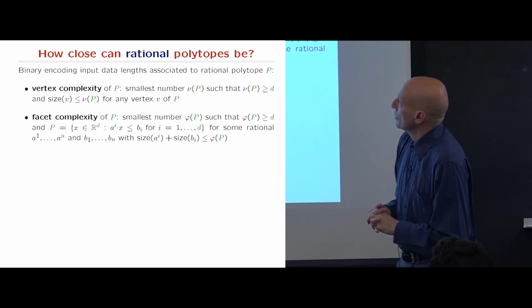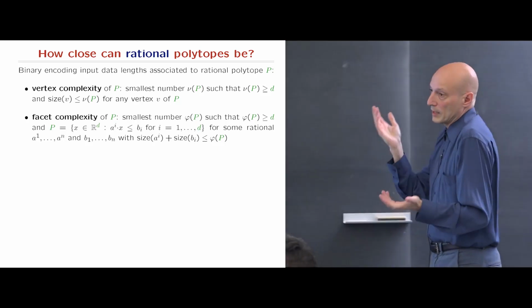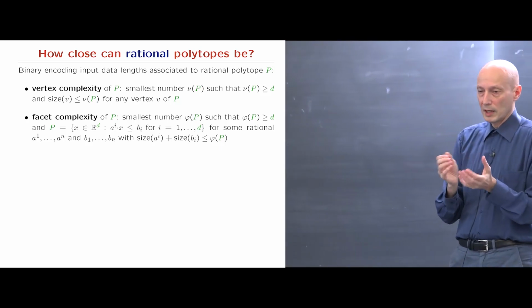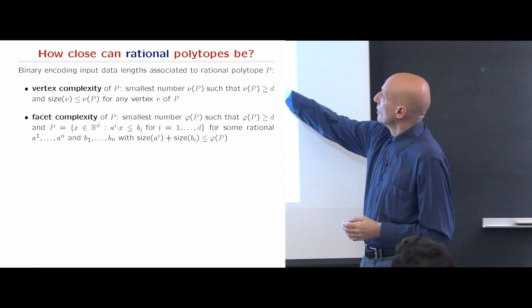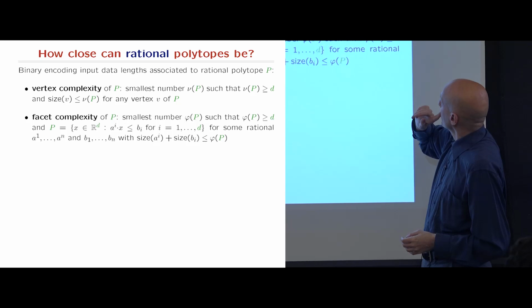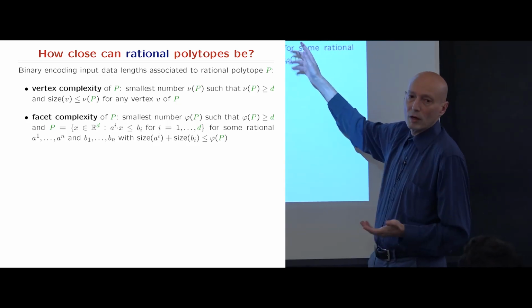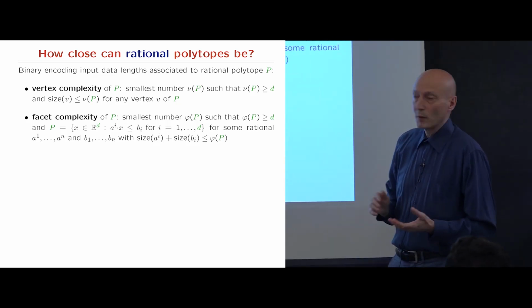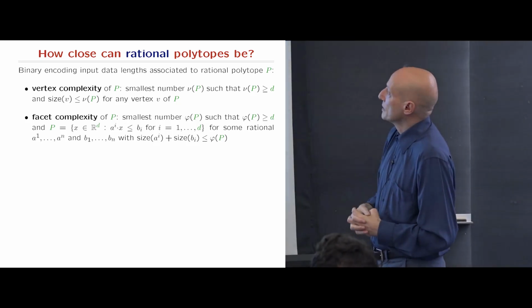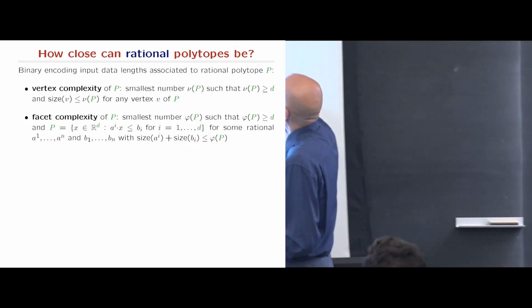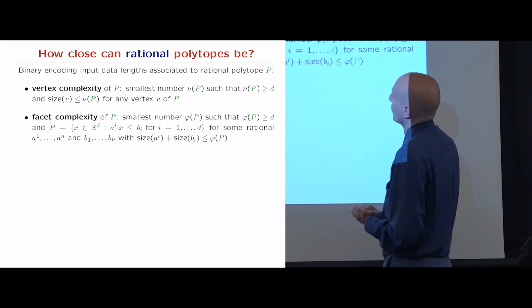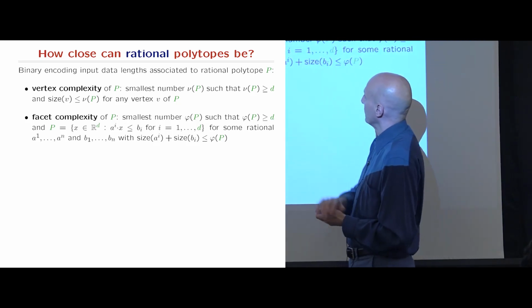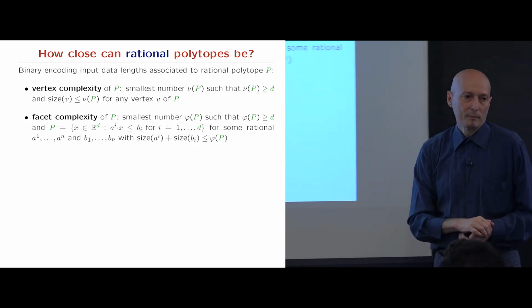So in this case, we have different parameters than the size of the vertices. We use, as in the Schrijver book, nu and phi, where phi is the encoding length of the inequalities. So nu is the bit size, if you want, of any vertex, and phi is the encoding of the inequalities.